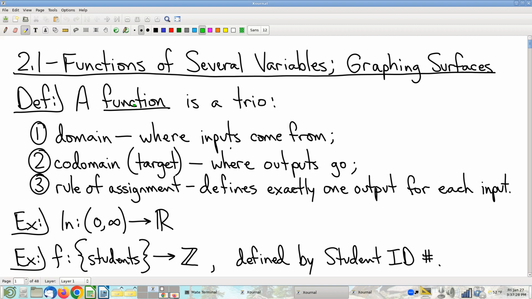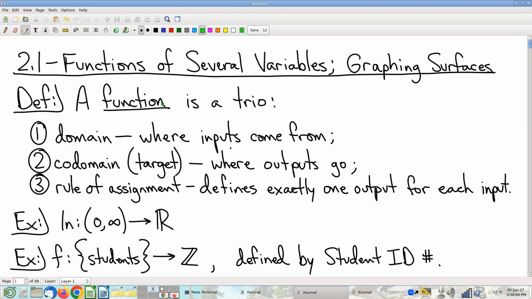First of all, what is a function? A lot of students misunderstand what a function is and think a function is a formula. And in a lot of contexts, you can kind of get away with that. But we're going to have to worry about things a little bit more carefully, and certainly in future contexts, you'll need to be more careful about it. So I want to remind you, or let you know, whichever is the case, that really a function is three things. It's the trio of all three of these things.